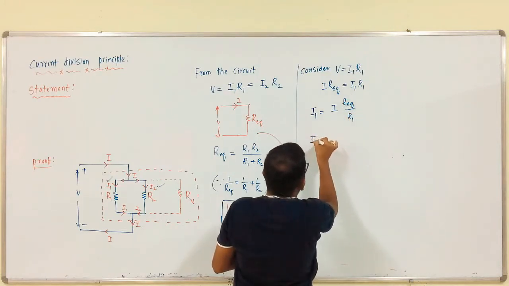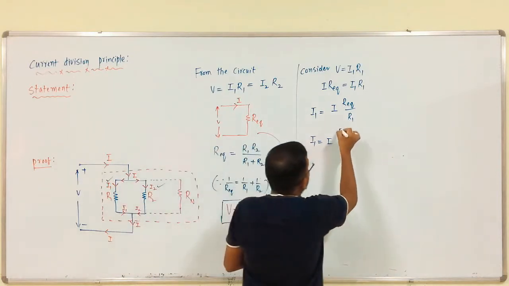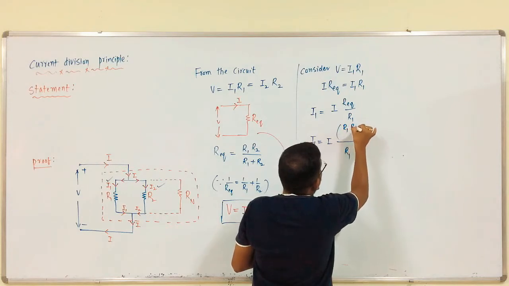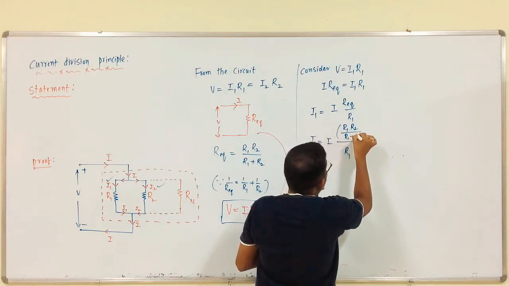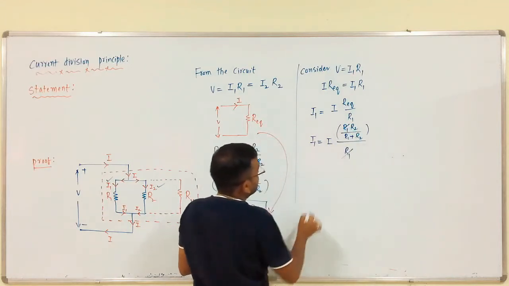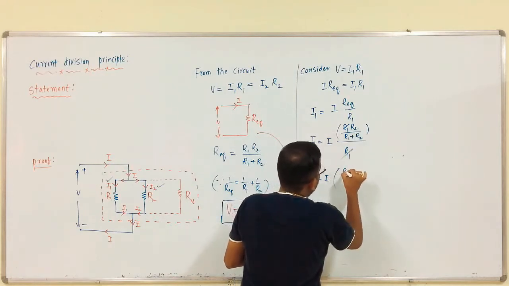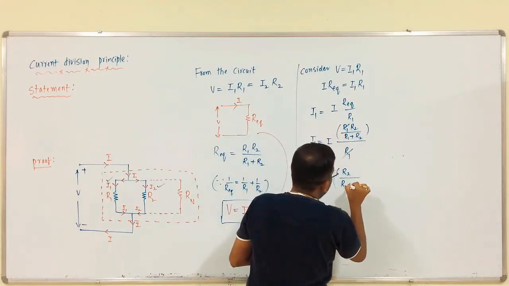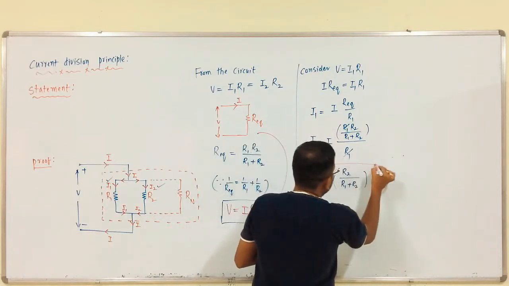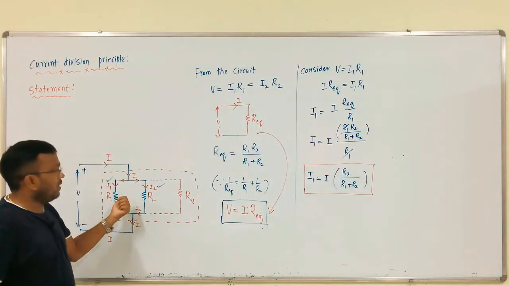What is the value of R equivalent? R1 R2 by R1 plus R2, divided by R1. R1 gets cancelled. From this, I1 equals I into R2 by R1 plus R2. This is the value of the current through the branch R1.